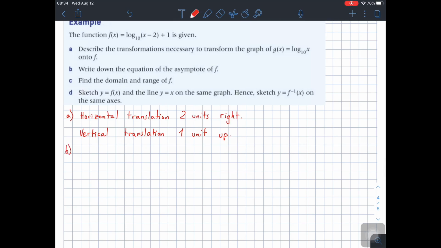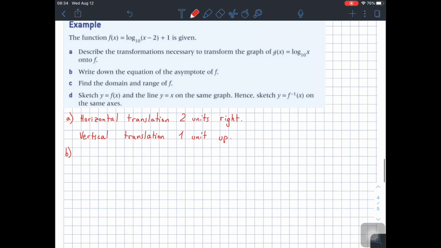Then for part B, it says, write down the equation of the asymptote of f. f is the transformed function, okay? So in order to write the asymptote, we're first going to analyze function g.